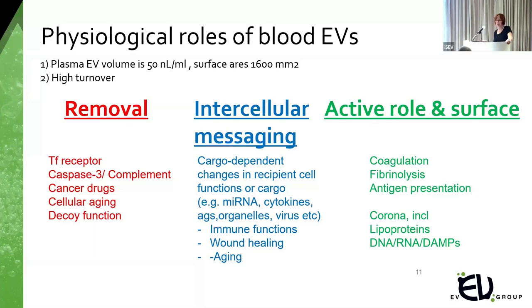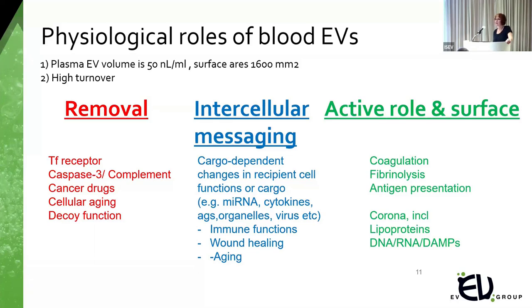Cancer cells certainly want to get rid of the chemotherapeutics, and then there are processes that we don't yet understand very well, what the molecules are that are getting disposed of, but there are things happening in cellular aging. And this can also work as decoy functions.